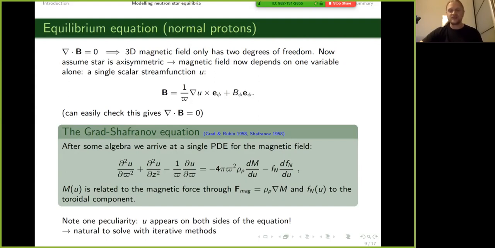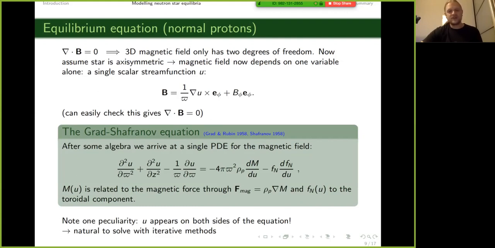On the right-hand side, you have 2 terms. The first one is related to the Lorentz force, the magnetic force, as shown there. And the second term is related to the toroidal field component. So U is the poloidal field stream function, and the toroidal field is also dependent on that poloidal field stream function.